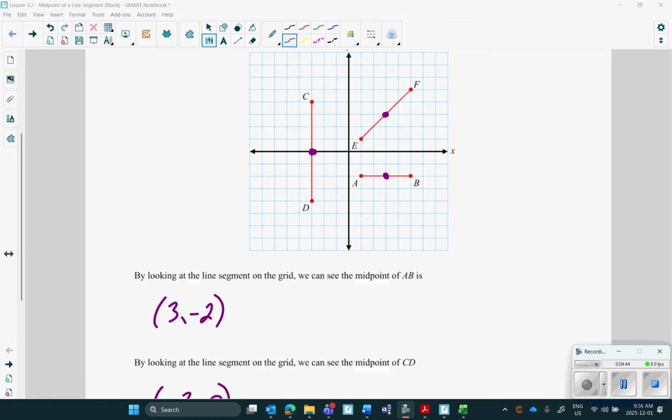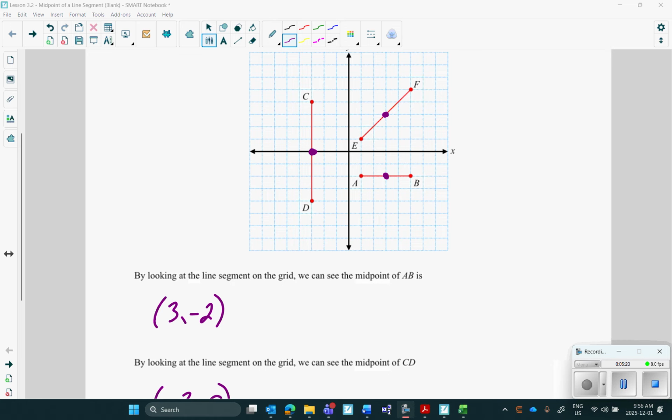How did you get 6? Almost. Add the two numbers together and divide by 2. 2 plus 10 divided by 2, 6. What's the halfway point between 10 and 20? 10 plus 20 divided by 2, 15.